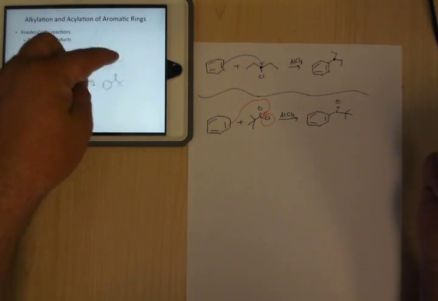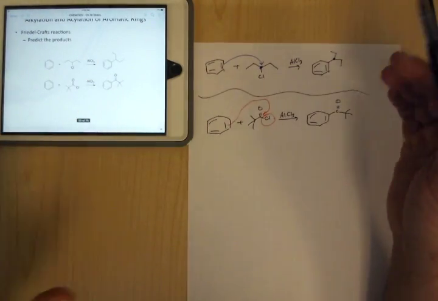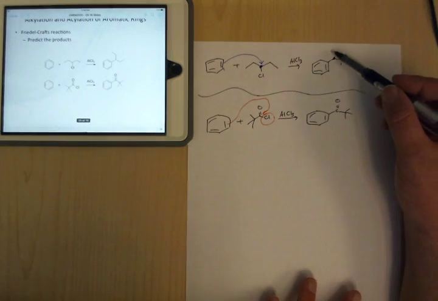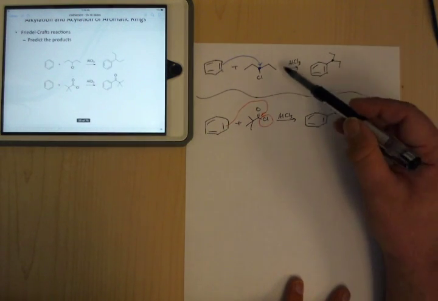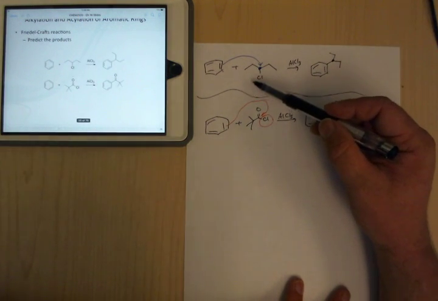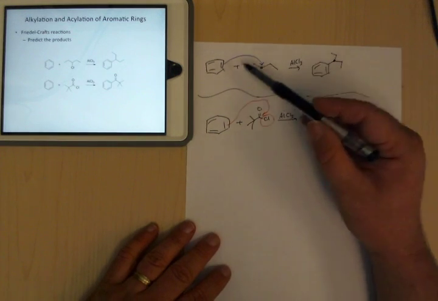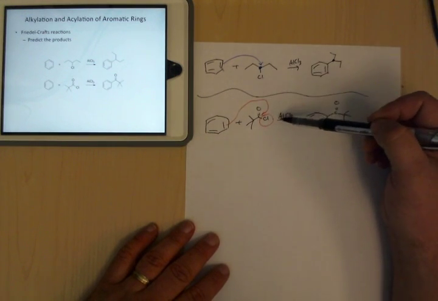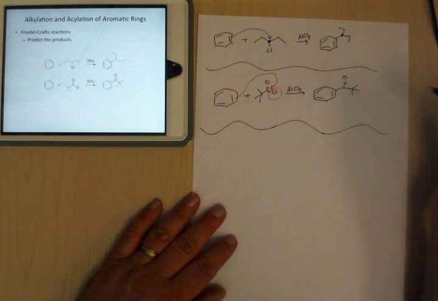That's all it is. This is the same as that; the drawing program just moved it around. Where that chlorine or that bromine is, that's where the new attachment to the benzene is. Not too bad.